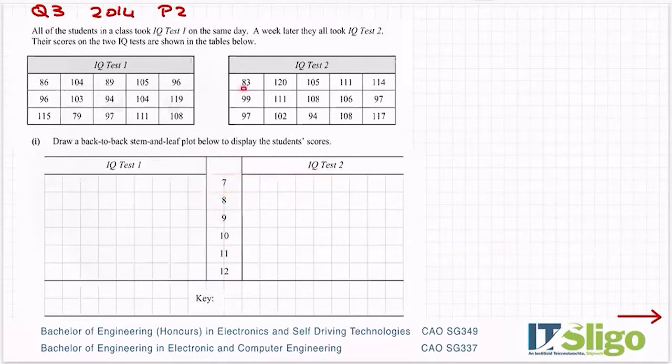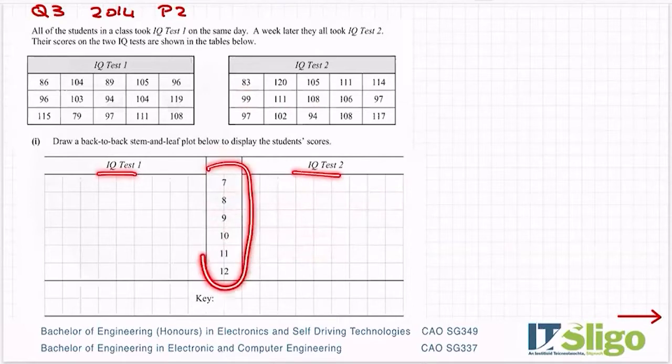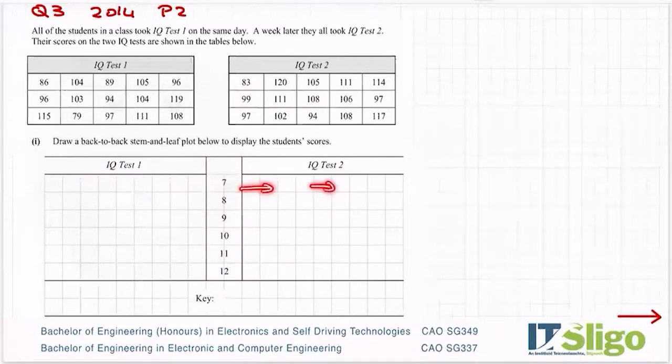So you do have to look up here to see the context. This would be all the numbers in the 80s, the 90s, the 100s, and so on and so forth. So you can compare the two with the same stem. So all of the 70s for IQ test 1 would come back this way, and for IQ test 2 would go this way. Okay, so I'm going to do IQ test 1 first.